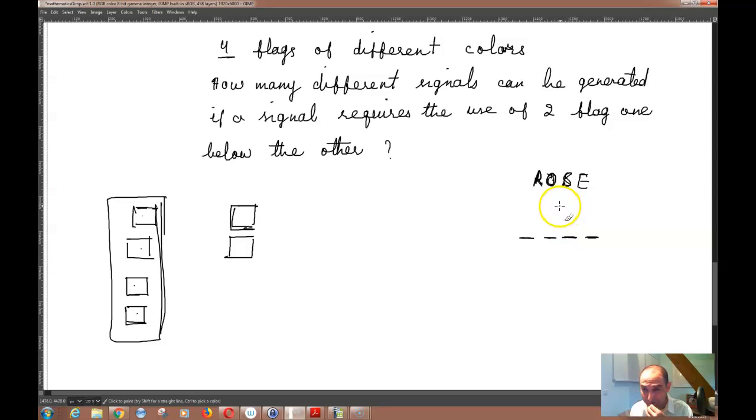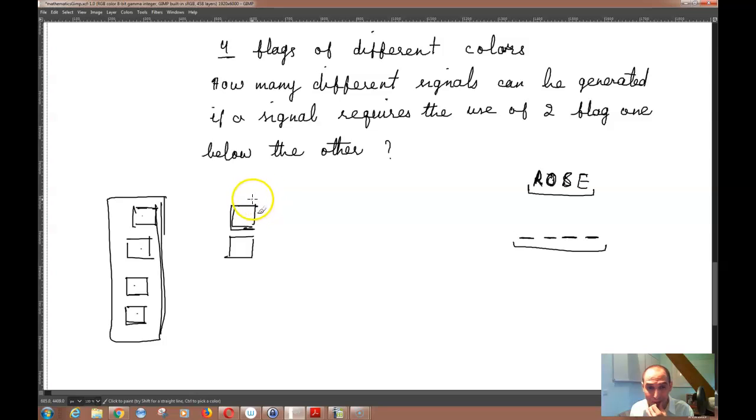So we calculated the number of different words that we could make using these four letters if we were building words of four letters each.